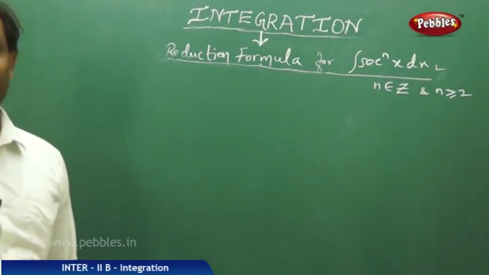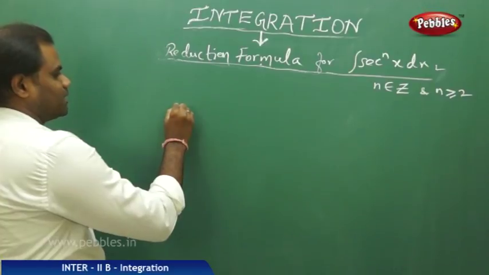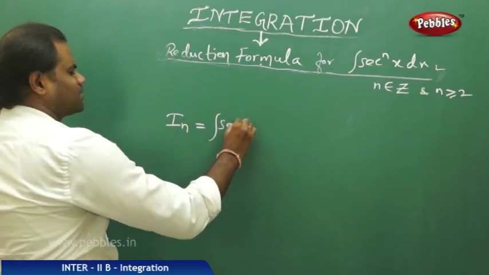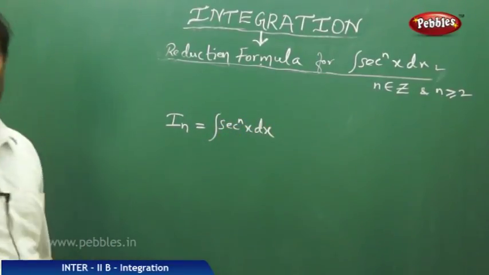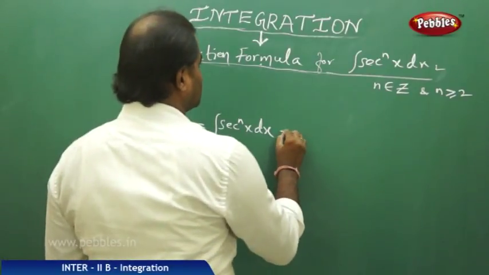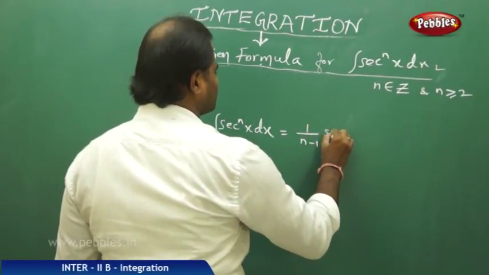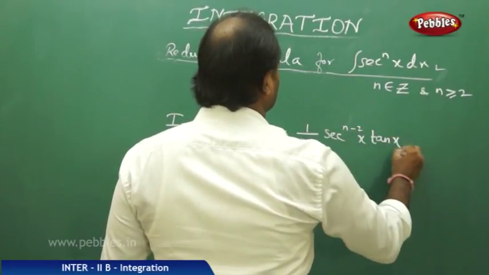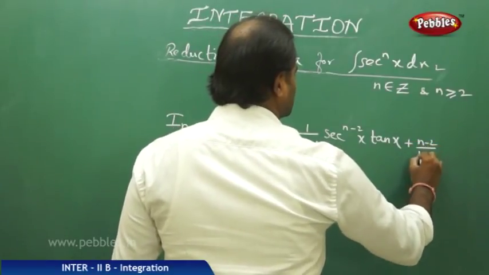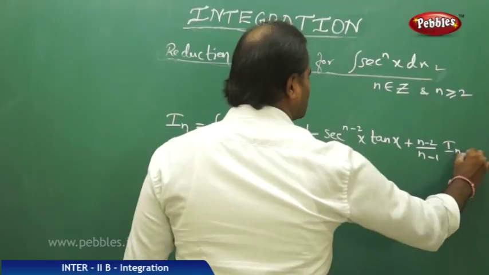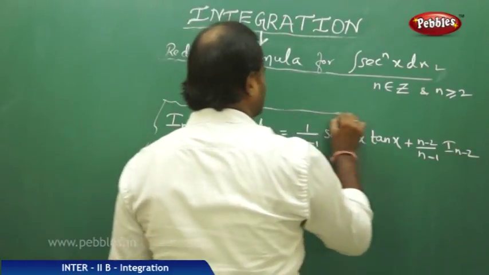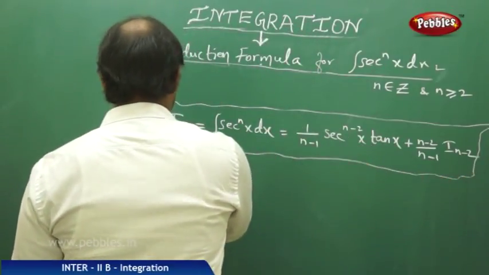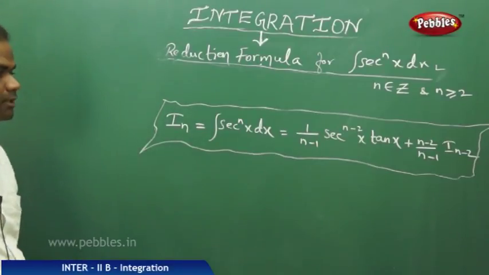As in the case of integral tan power nx, similarly I take my integral secant power nx dx as In and then expand this using the reduction formula, and I get this to be 1 by n minus 1 secant power n minus 2 x tan x plus n minus 2 by n minus 1 of I n minus 2. This is what we get in integrating.